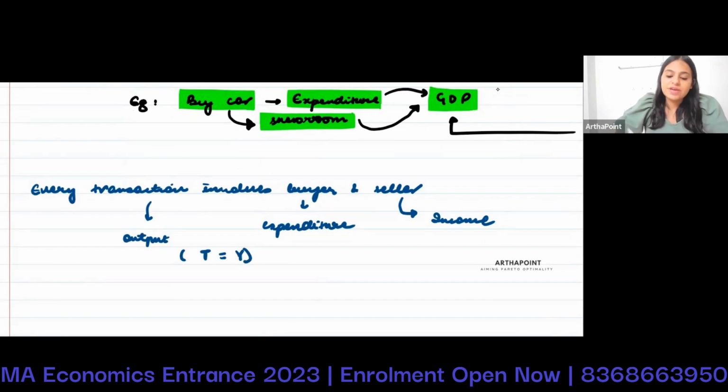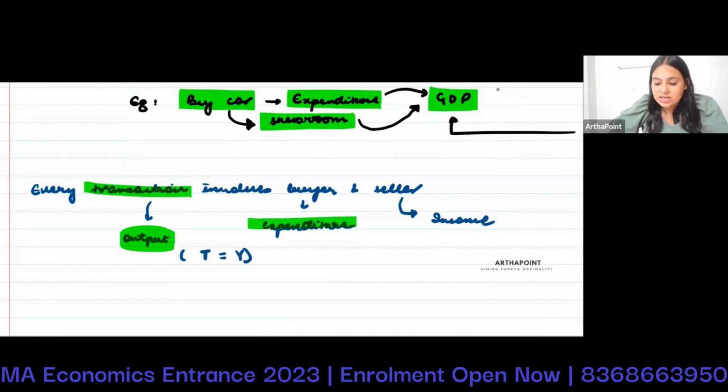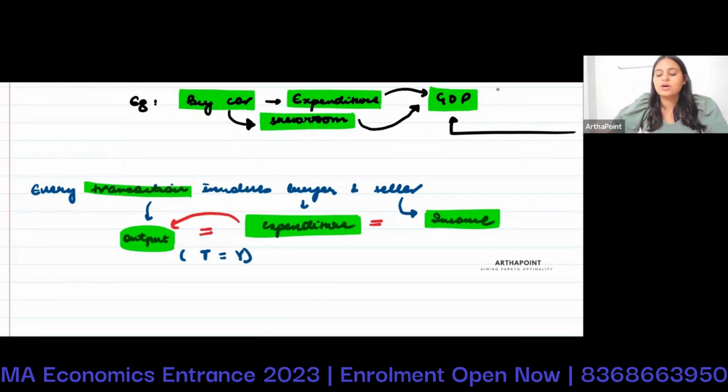So when I transact, which means when I sell or buy output, one is incurring an expenditure, the other is earning an income, and the two must be equal to each other, and that must be equal to the value of the output. So in that sense, the three approaches become equivalent.